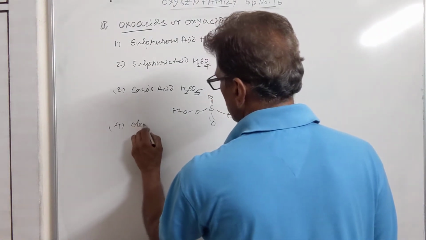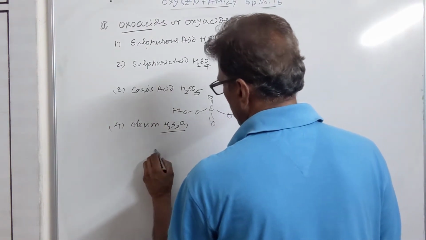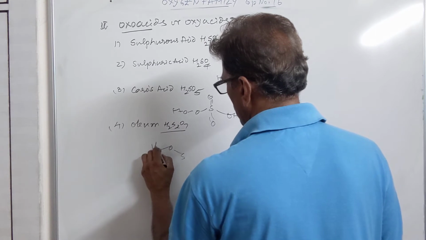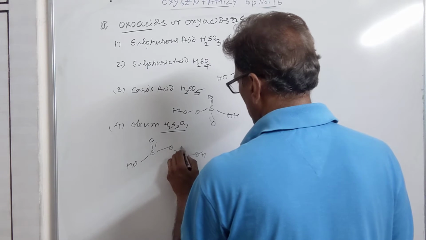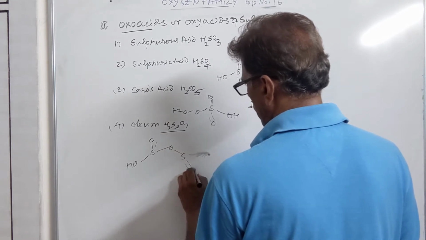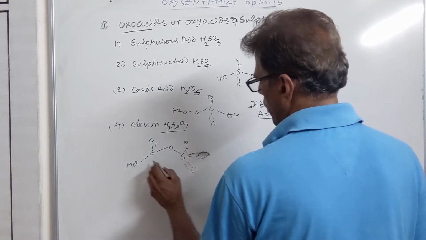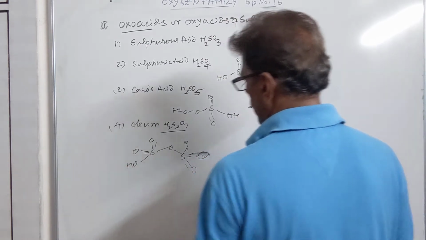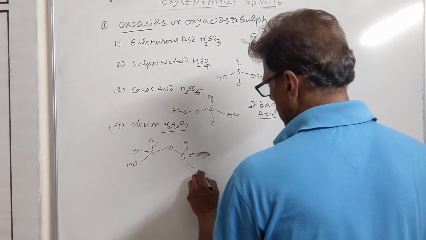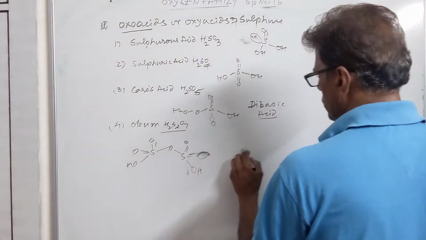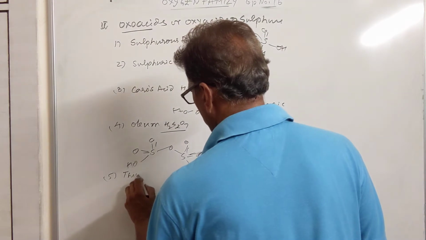Then we have oleum, H2S2O7. It is also a dibasic acid since it can release two protons. Then we have thiosulfuric acid.